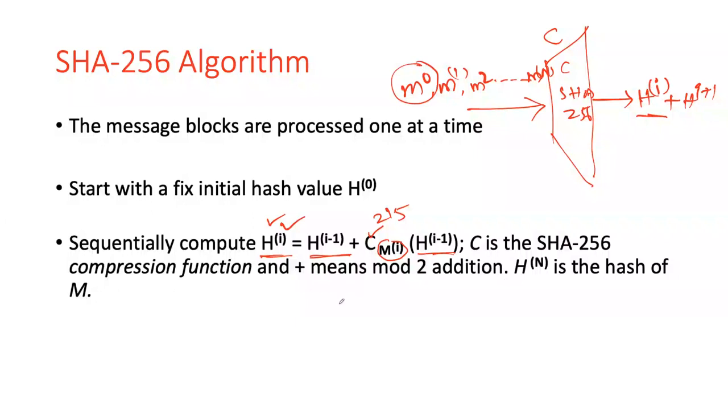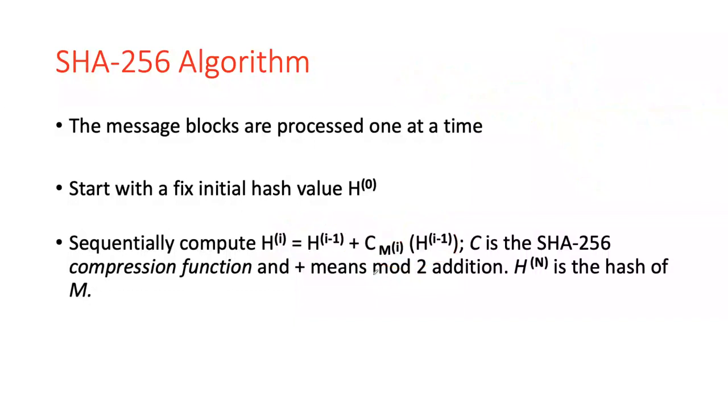In this case, this means the compression function and the addition modulo 2 to the power of 32, adding the previous hash and the new hash value along with the new message. This hash function finally generates a final digest, and that digest is used for exchanging information in a distributed network.